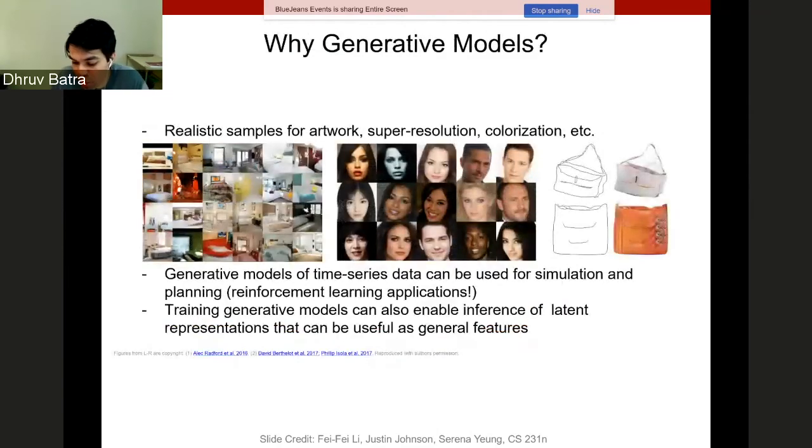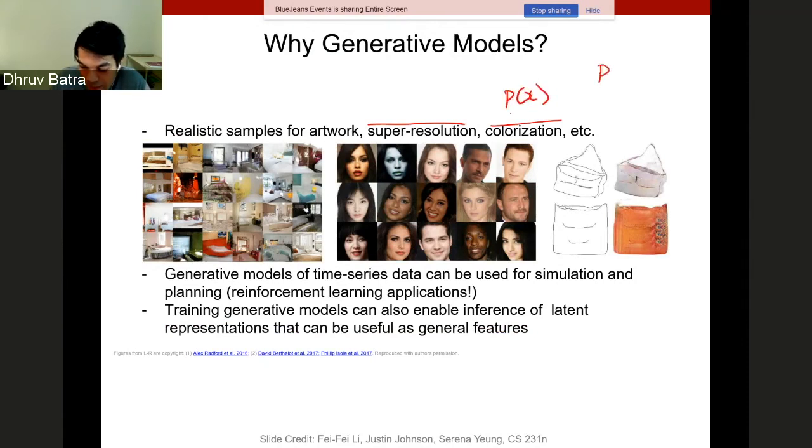Why would you want to do generative modeling at all? First of all, there is a rich set of applications in creativity and art, but also in super resolution and colorization, where if X are images, P of X are fairly useful objects.